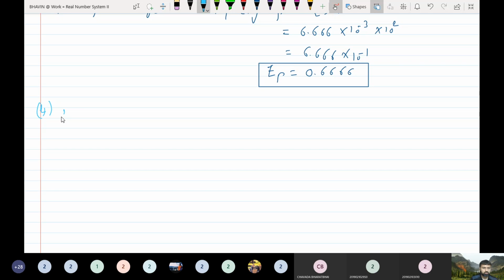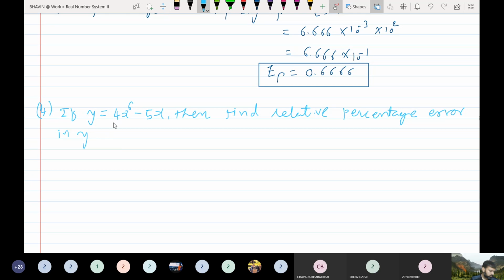If y equal to 4x raised to 6 minus 5x, then find the relative percentage error in y at point x equal to 1, if error in x is equal to 0.04. So this is the given data.